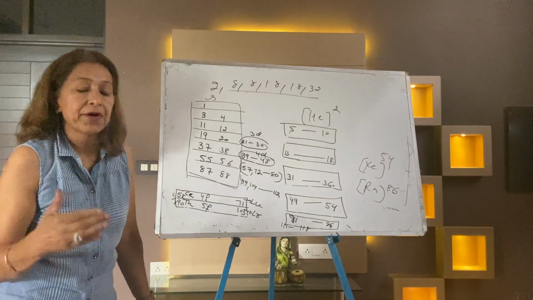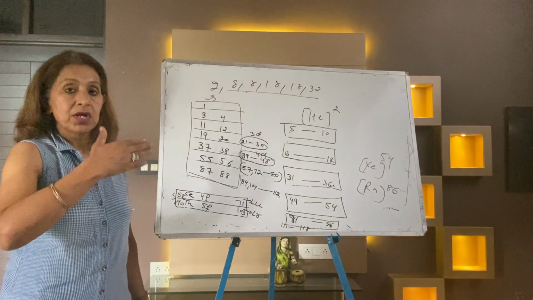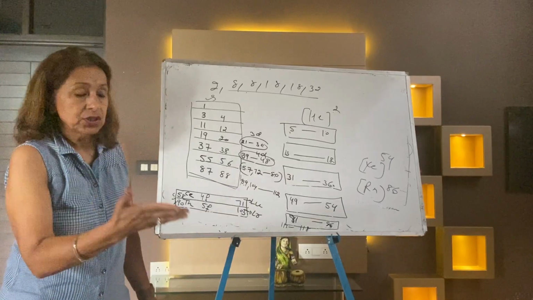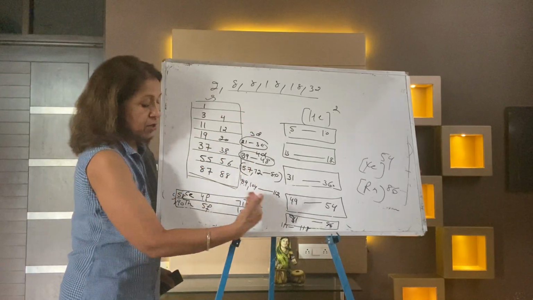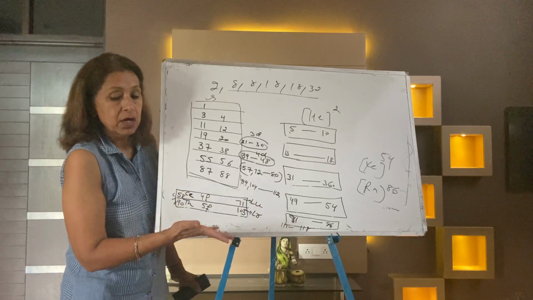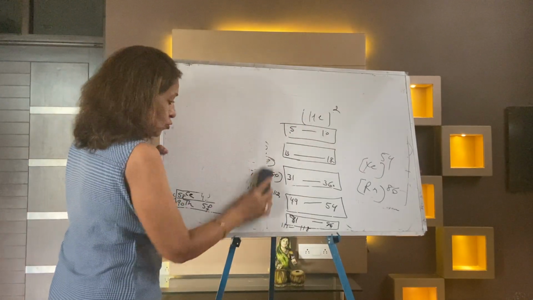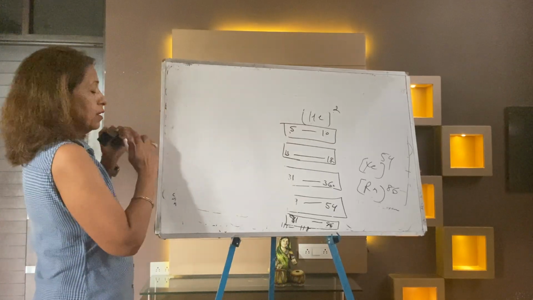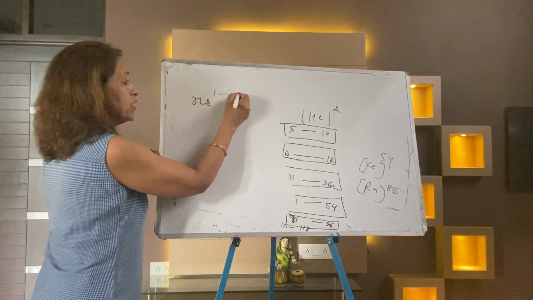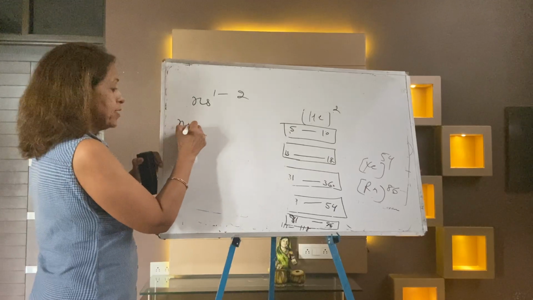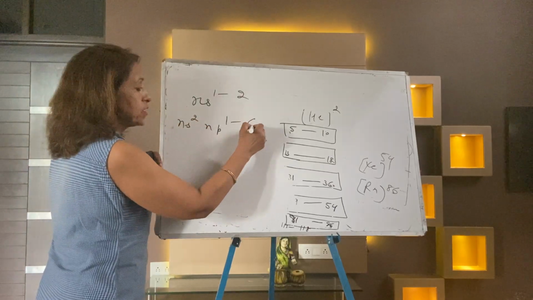So we have covered the modern periodic table, children. It is representative elements, transition elements, D block, inner transition elements, F block, and write down the configuration. I'm taking 1, 2, 3 more questions from the modern table. NS 1 to 2 is S block. NS2, NP 1 to 6 is P block.